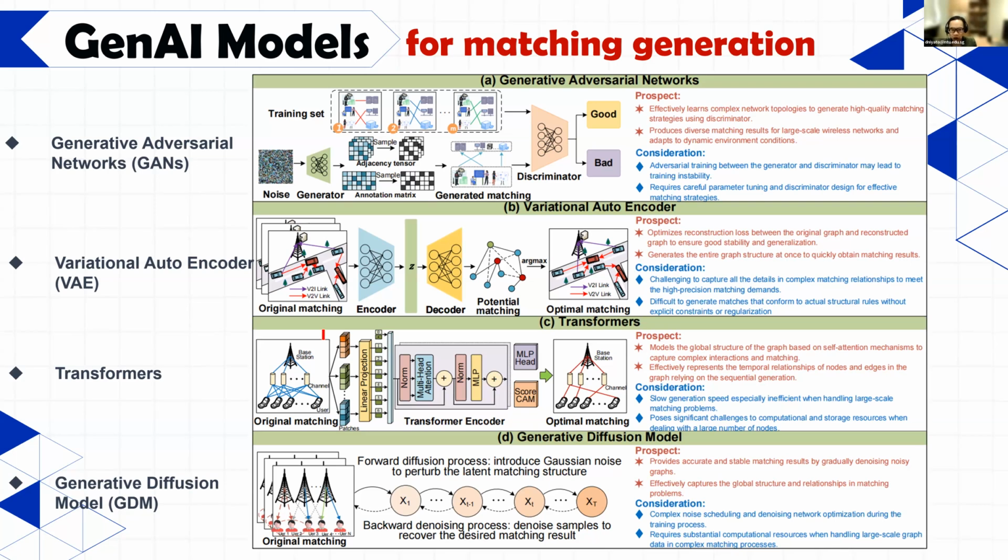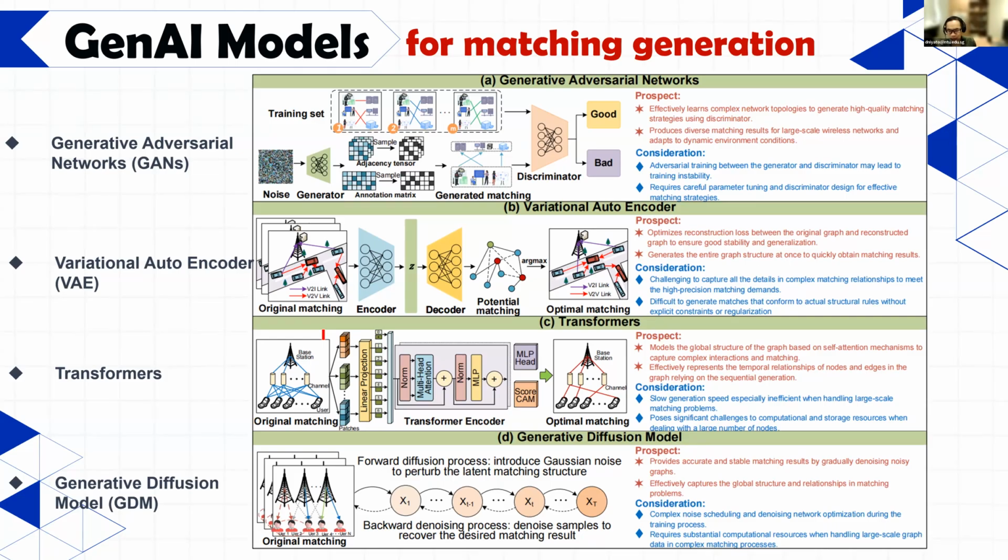We have the variational autoencoder that can optimize the reconstruction loss between the original graph and the reconstructed graph to ensure good stability and generalization. With this capability, VAE can generate the entire graph structure at once to quickly obtain the matching result.